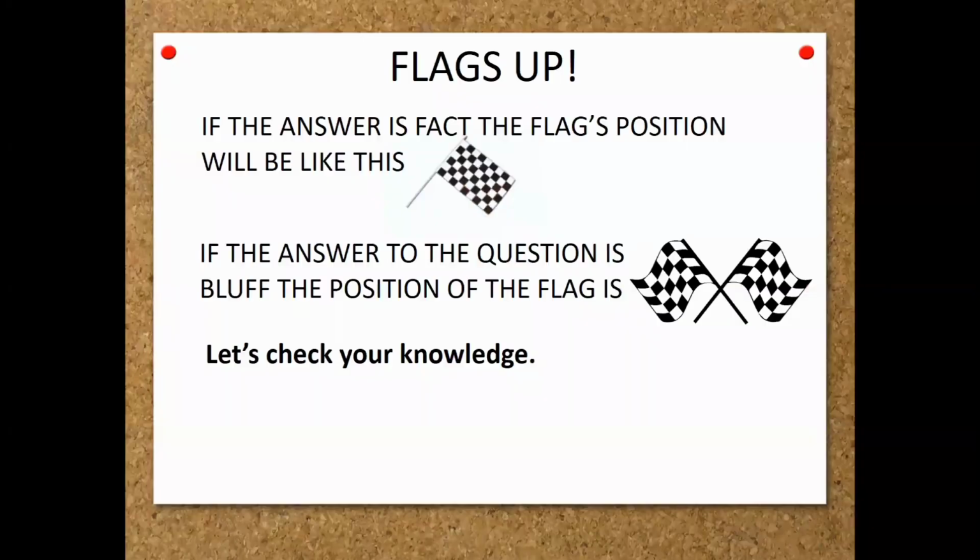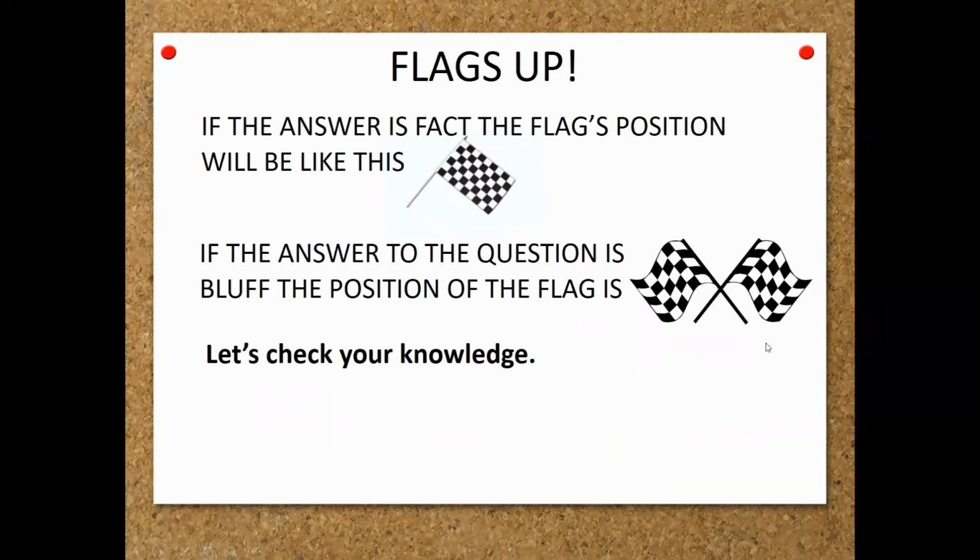So for your short quiz, let us have a flags up. If the answer is fact, the flag's position would be like this. It's only one flag. But if the answer to the question is bluff, the position of the flag would be like this.